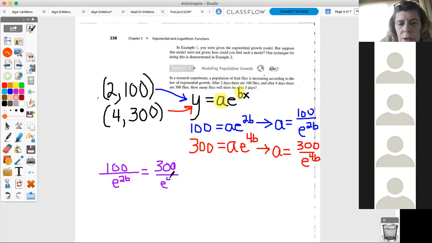And why would I want to do this? What's the goal right now? Solve for b. Absolutely. So how can I do this with this proportion that I have set up? What can I do to solve this?